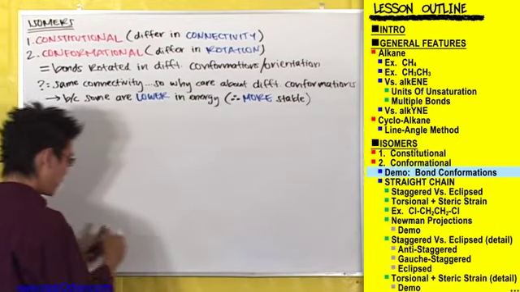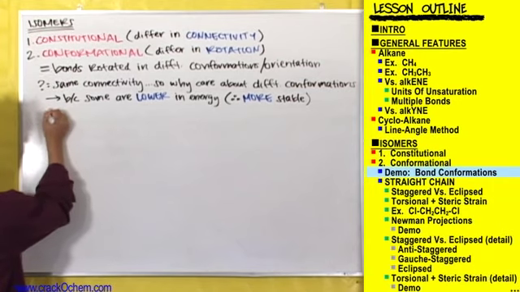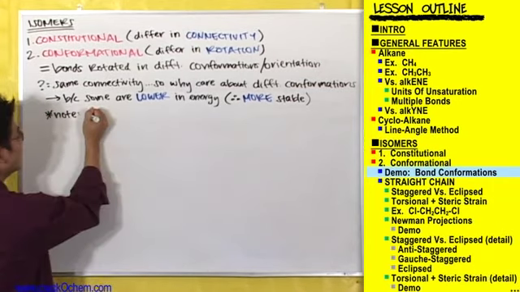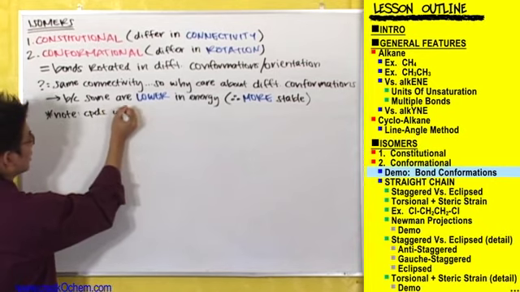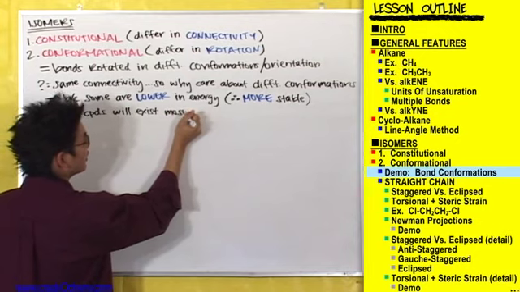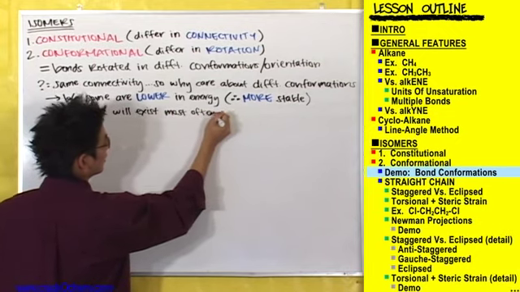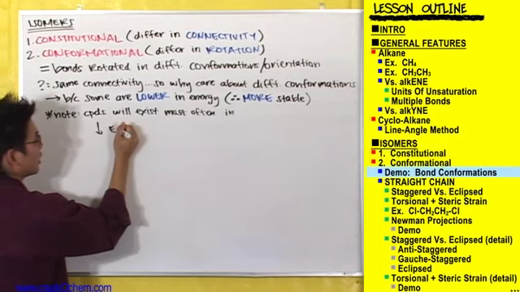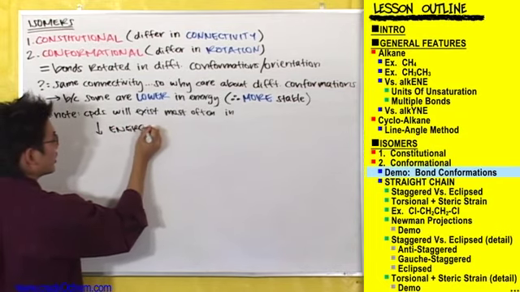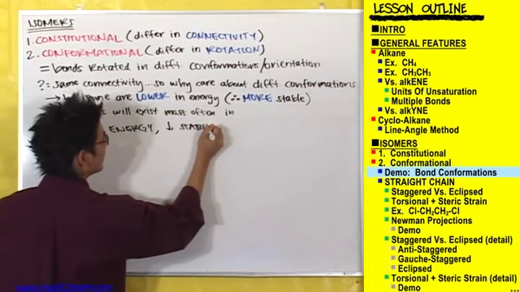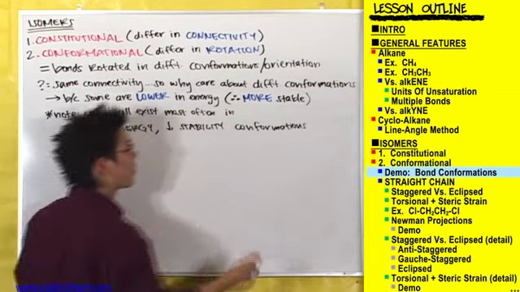Okay, so let's make a note here. Because compounds will exist most often in low energy, high stability conformations.